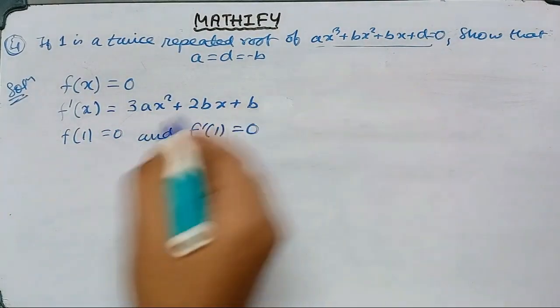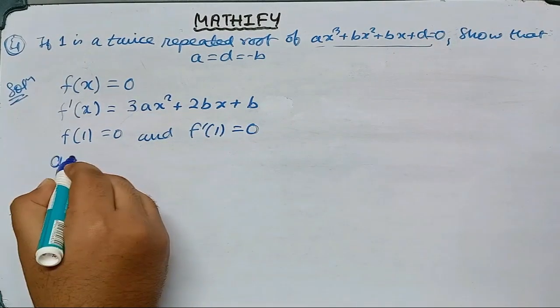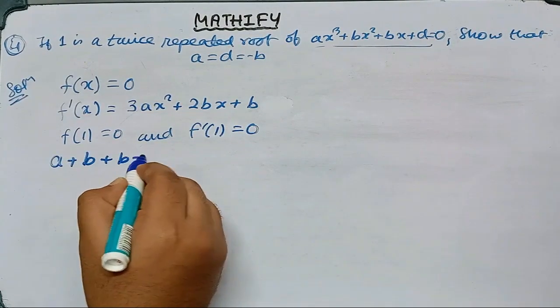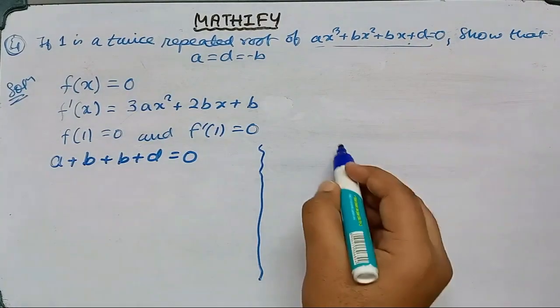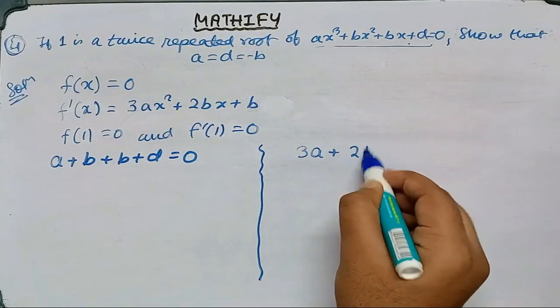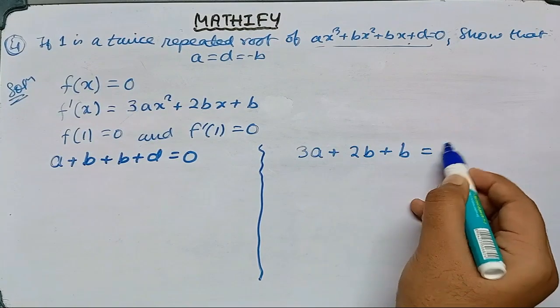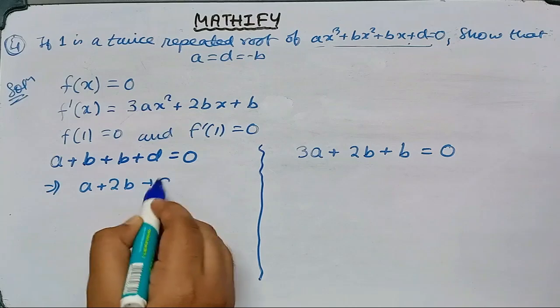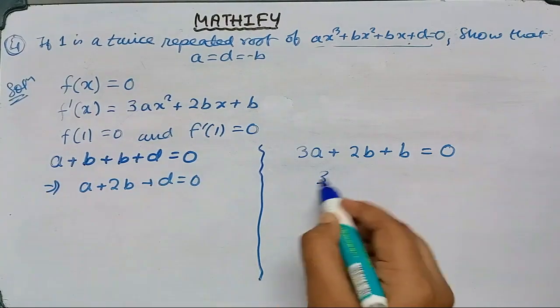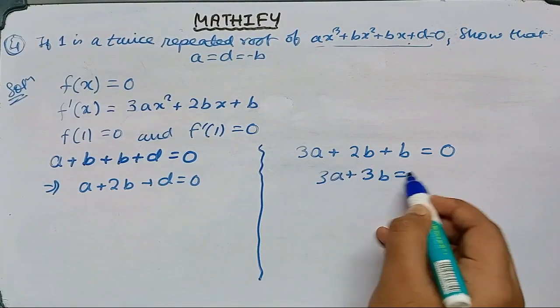Okay, so now I can just substitute 1 over here. a plus b plus d is equal to 0 from here, and then simultaneously I have 3a plus 2b plus b is equal to 0. So a plus b plus d is equal to 0, and 3a plus 3b is equal to 0.